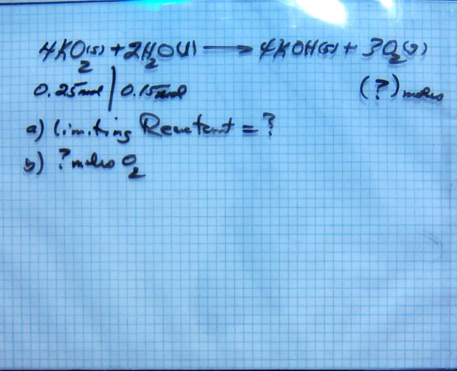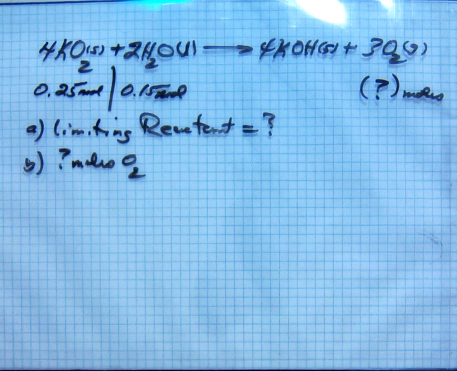In the presence of water, it generates potassium hydroxide and oxygen. There has been extensive research and development in rebreather underwater devices using this, but that's not the point. The given is 0.25 mole of potassium superoxide and 0.15 mole of water fed into the reaction. Which one's the limiting reagent?